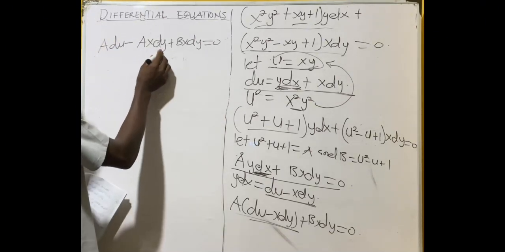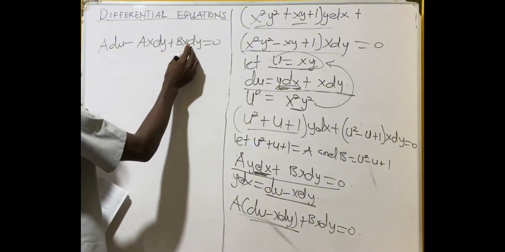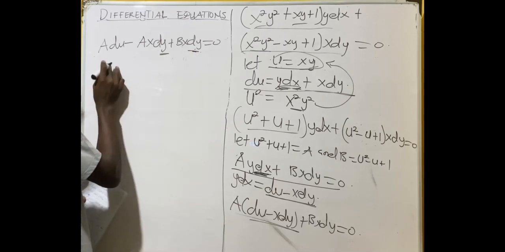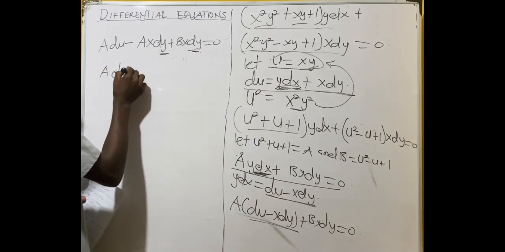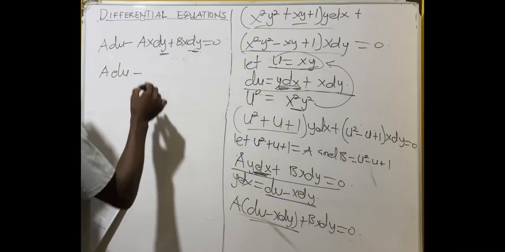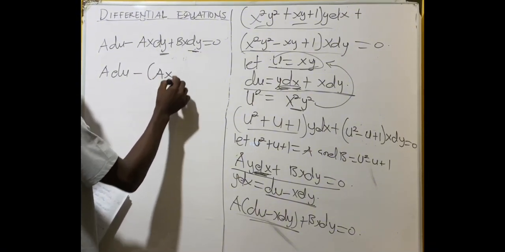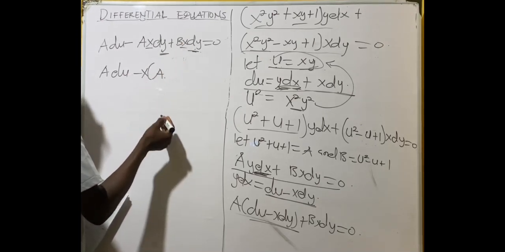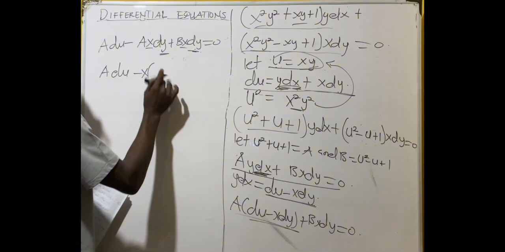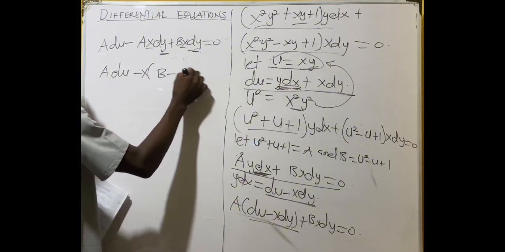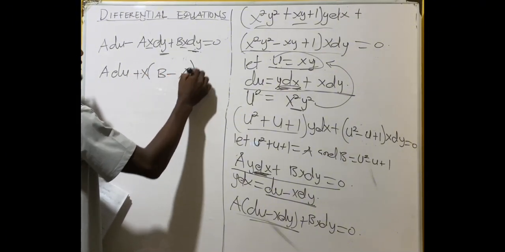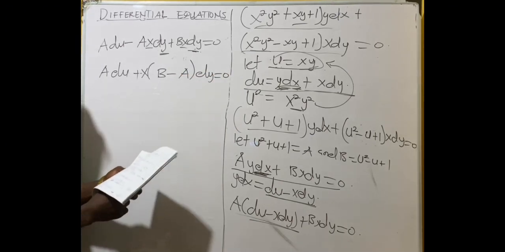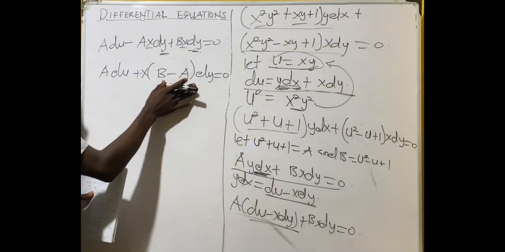So ax dy and bx dy, we can group them because they all have dy, right? So we have a du minus, into brackets, we have x common to all, so we can bring x out. Then we have b minus a, right? B minus a, dy.